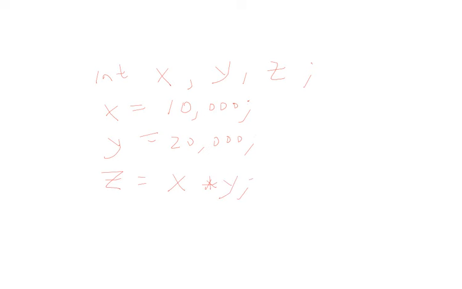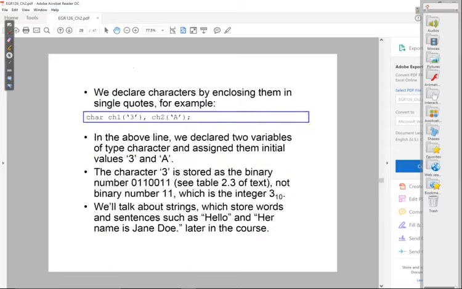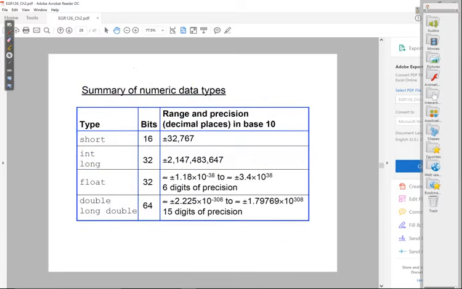So why is that? Well, you know an integer, if you look back to that table, an integer could store values between, let me bring that up for you. Okay, an integer can store values between 147 million, and so on, right?